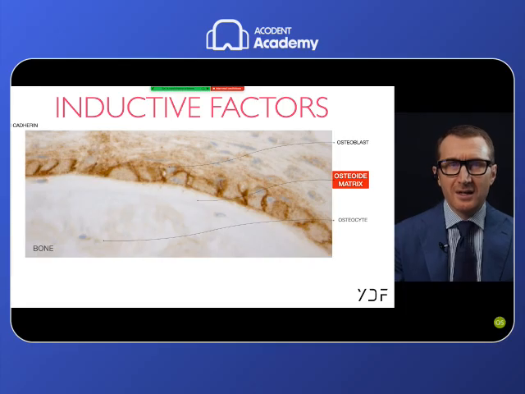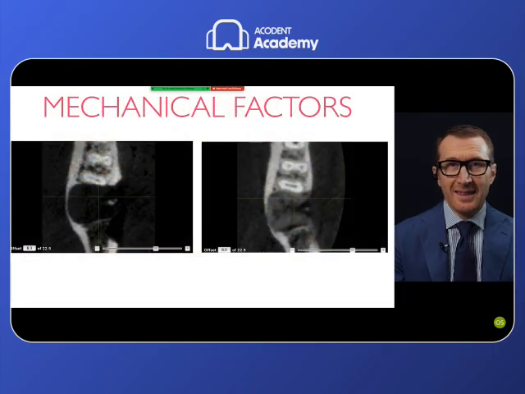So this is the only way we can influence the osteoblast differentiation, through inductive factors. They must be bone-specific factors. And then the mechanical factors.